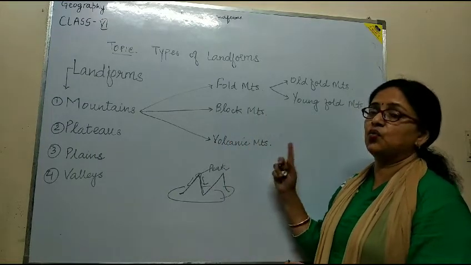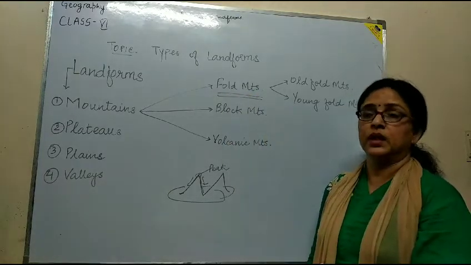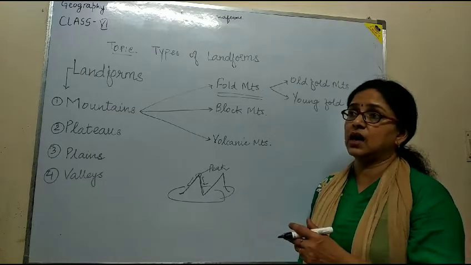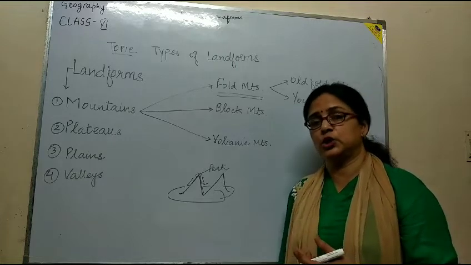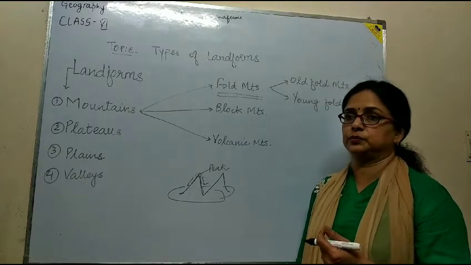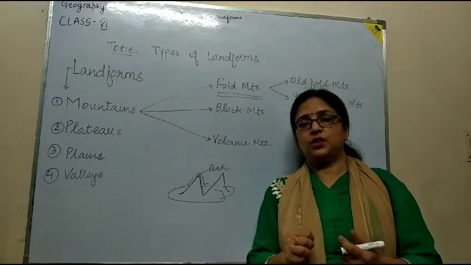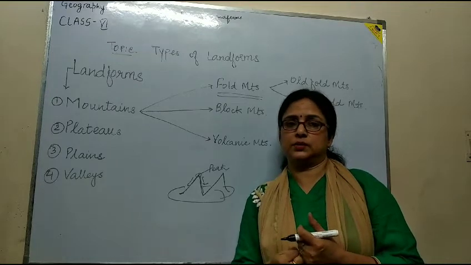Let's discuss one by one. First one is fold mountains. I explained this with the help of a diagram in the class where I explained the diagrammatic representation of geographical features. Now see how these mountains are formed. They are one of the most important mountains.